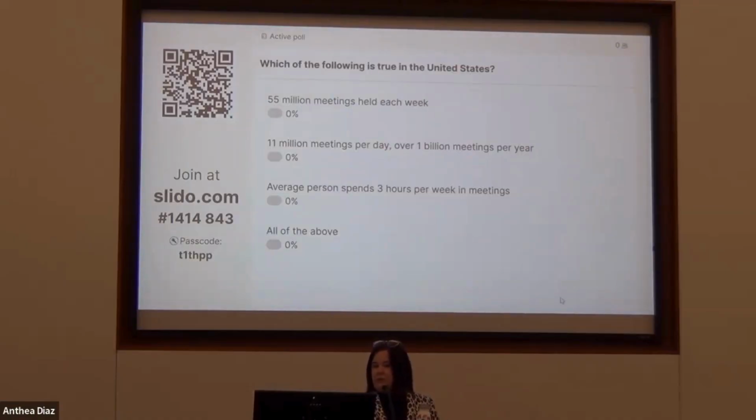All right, so our first interactive piece of this show that's on the road today. If you use that QR code or go to slido.com, enter this Slido number and then the passcode below. What do you think?